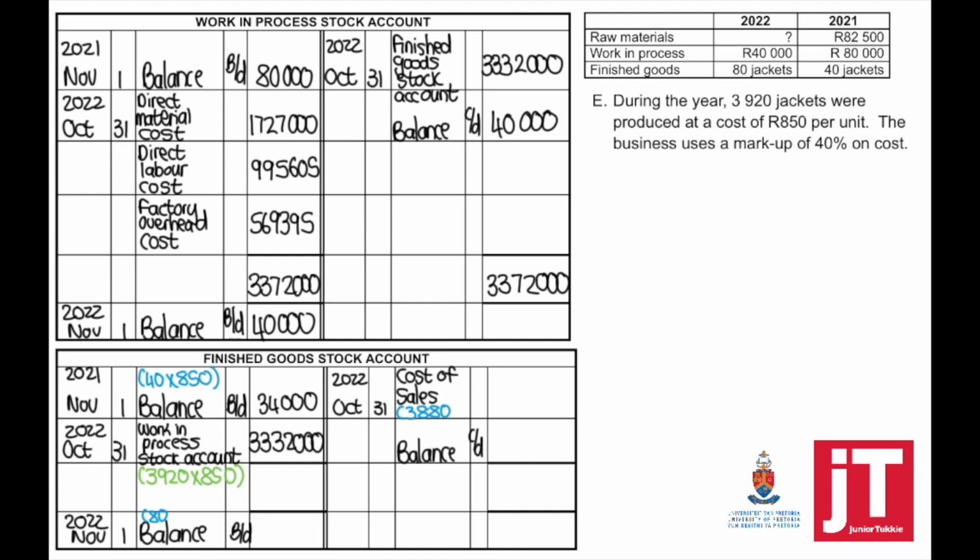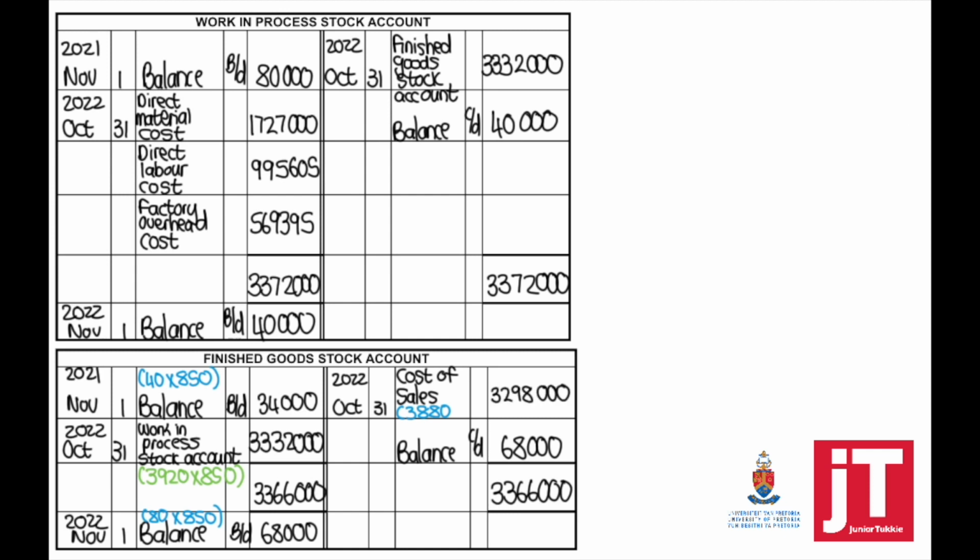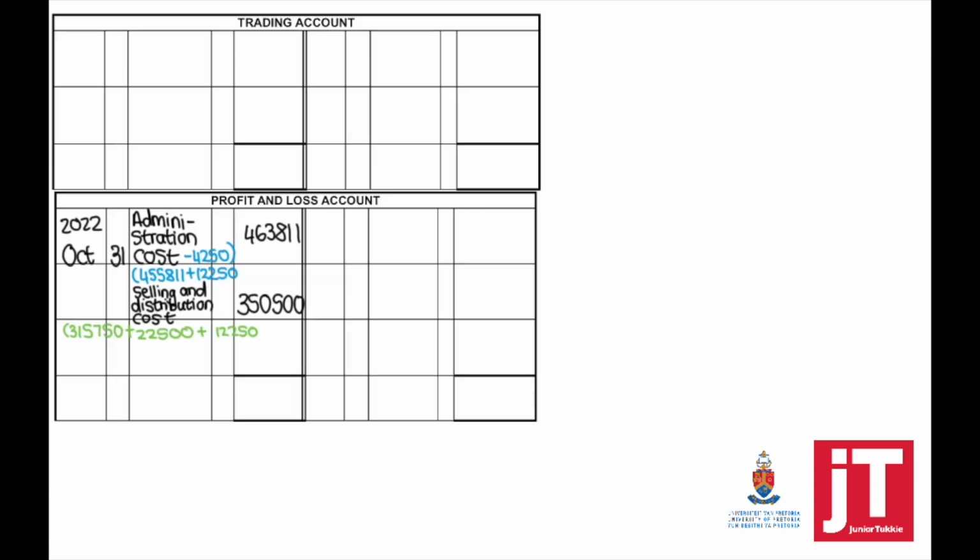If we work out the amount, take 40 times 850 equals 34,000. The balance at the end, 80 times 850, balance brought down means balance carried down. So this means cost of sales becomes the balancing figure, the debit side minus the credit side, and that equals our cost of sales.